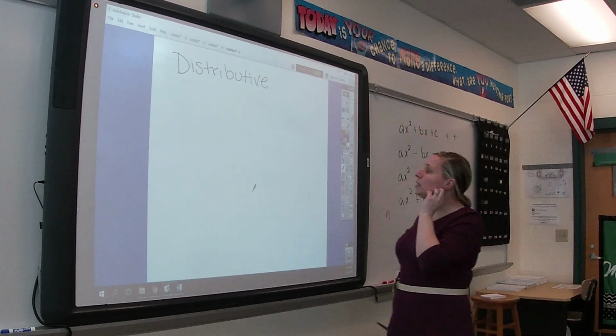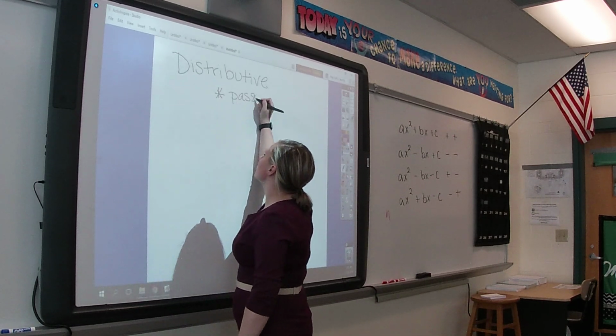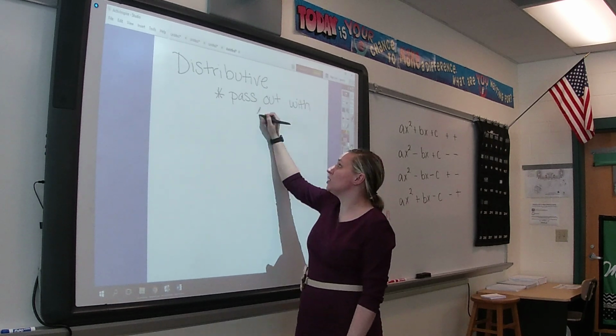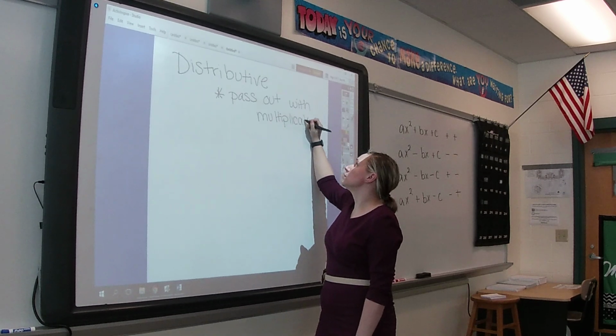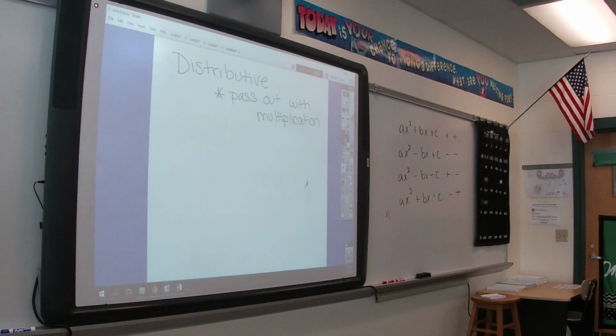Okay, the distributive property tells us that we can pass out with multiplication. That is what the word distribute means.